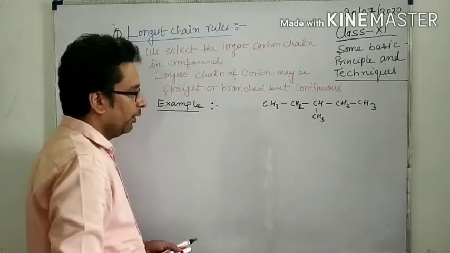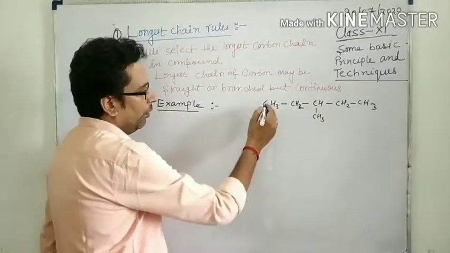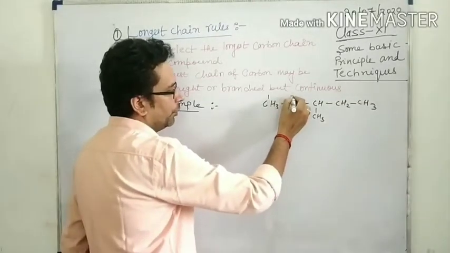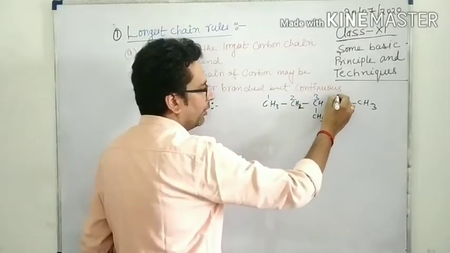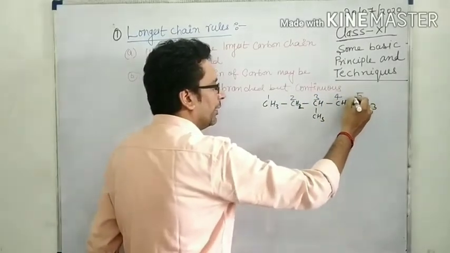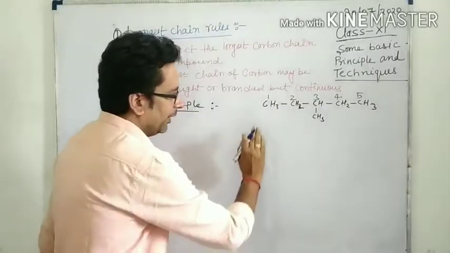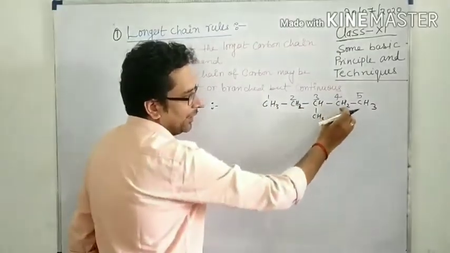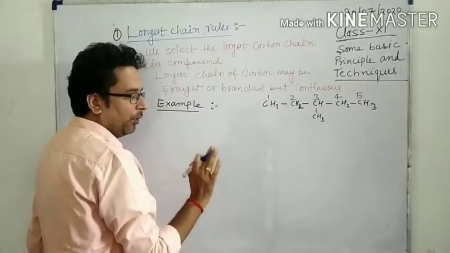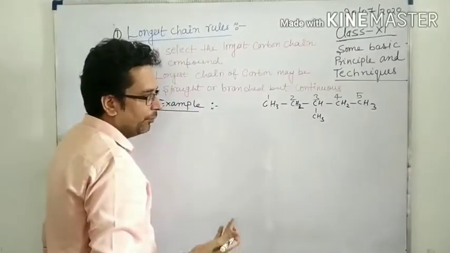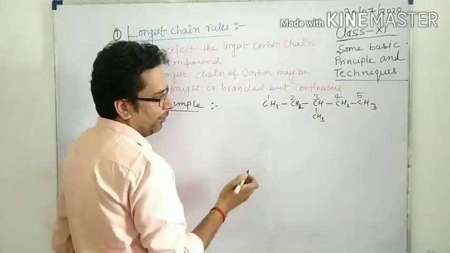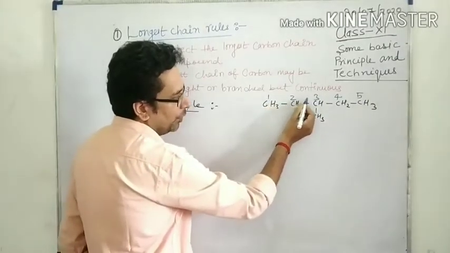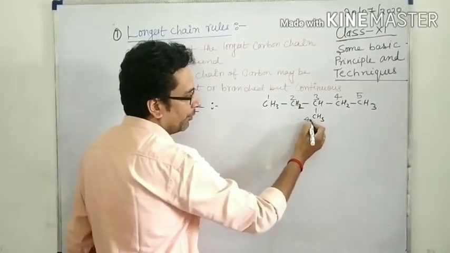Okay, look here. 1, 2, 3, 4, 5. When we give the numbering from this side, we obtain a longest carbon chain of 5 carbon. Now, in other way, we also give the numbering 1, 2, 3 and 4.